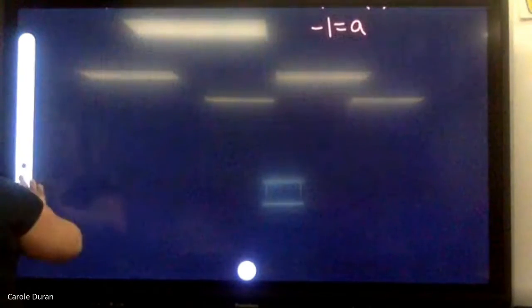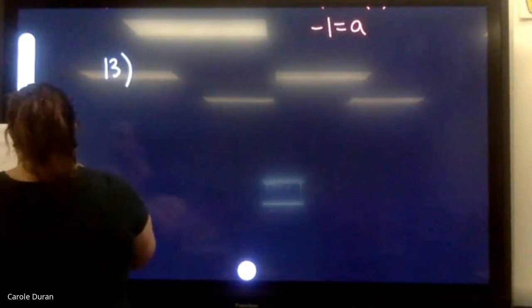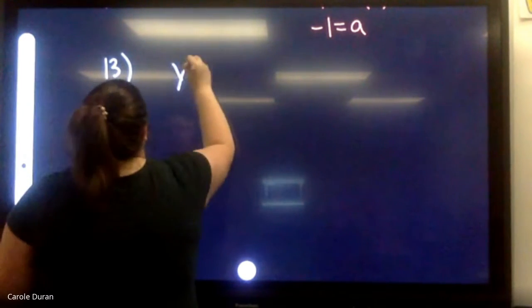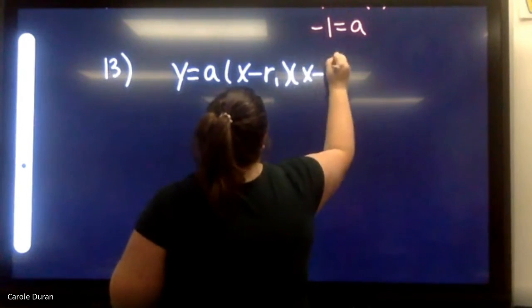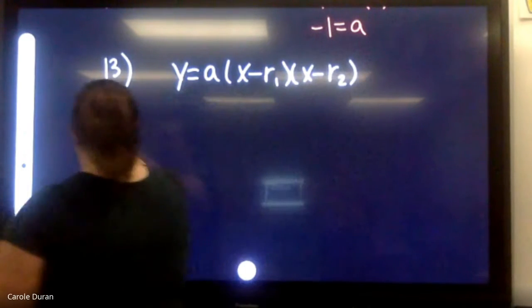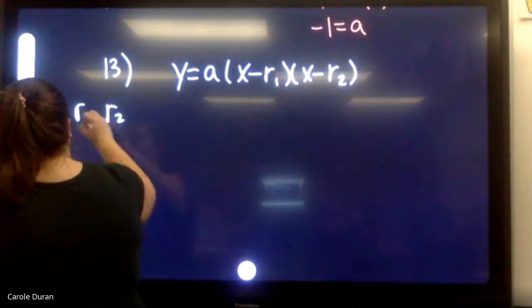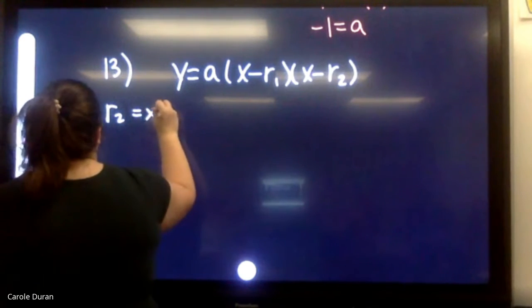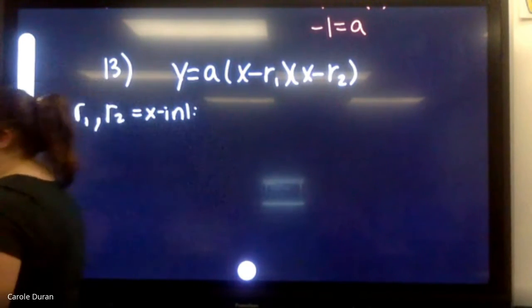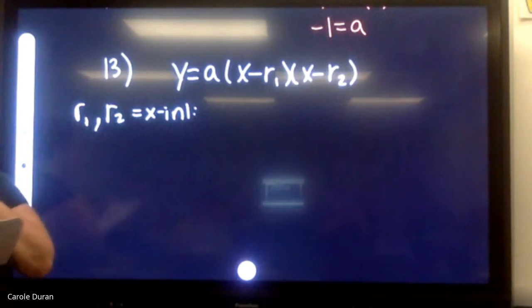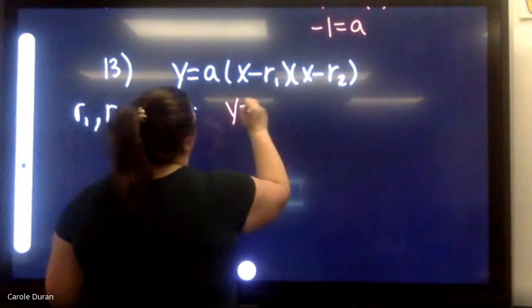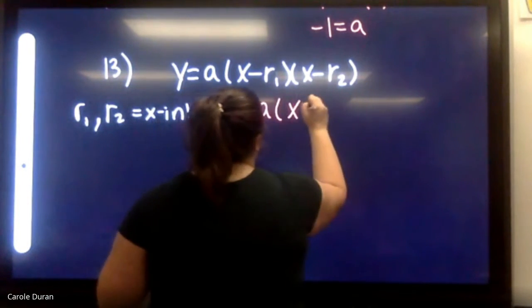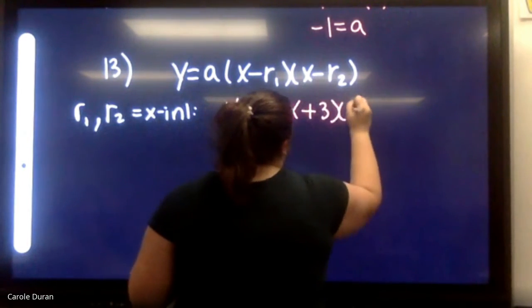So on 13, since it told me I had x-intercepts, my intercept form is y equals a times (x minus r1)(x minus r2), where r1 and r2 are the x-intercepts that I'm given. So on this specific problem, my x-intercepts were -3 and +1. So when I plugged it in, I would get y equals a times (x minus -3)(x minus 1).